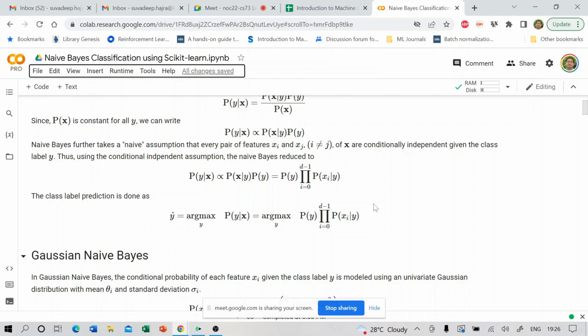One parameter is called theta and the other is called sigma. Theta is the mean of the Gaussian distribution, and sigma is the standard deviation. Now can anyone tell me, for d-dimensional features, how many total parameters will there be for a Gaussian naive Bayes?